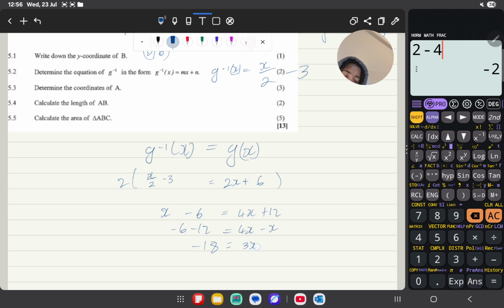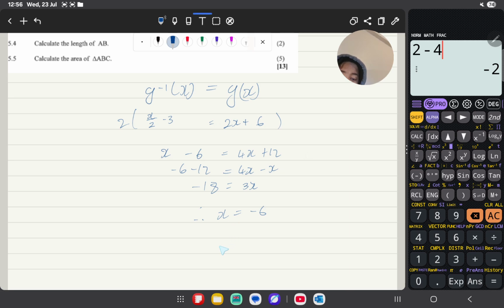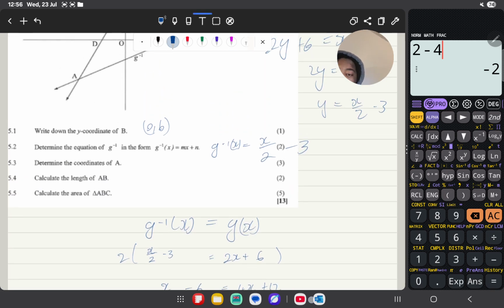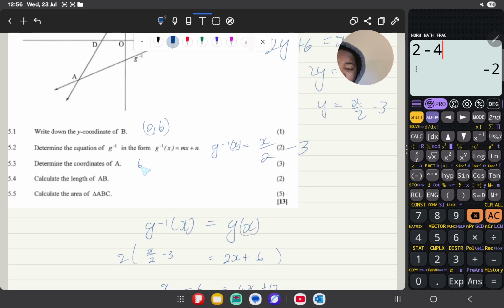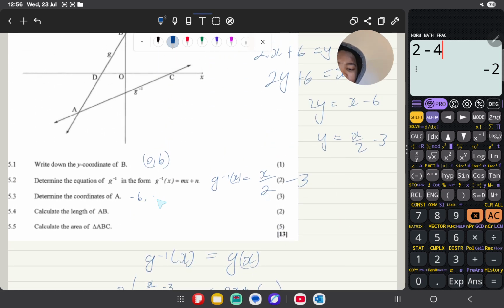I have 3x, therefore x equals minus 6. And then y equals 2 times minus 6 plus 6. The answer is minus 6. So the point A is minus 6, minus 6.